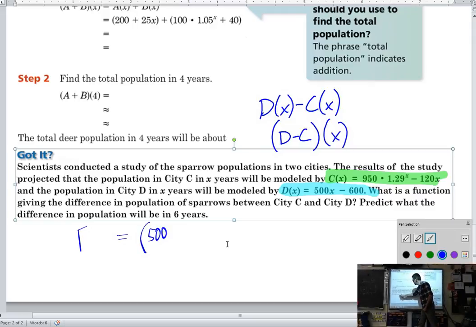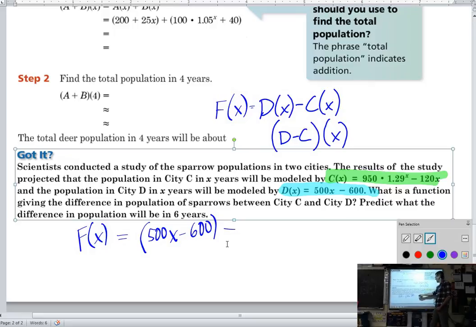And I'm just going to call this f of x now, since they haven't used f, just to make our life easier. f of x is going to be 500x minus 600 minus 950 times the 1.29 to the x.